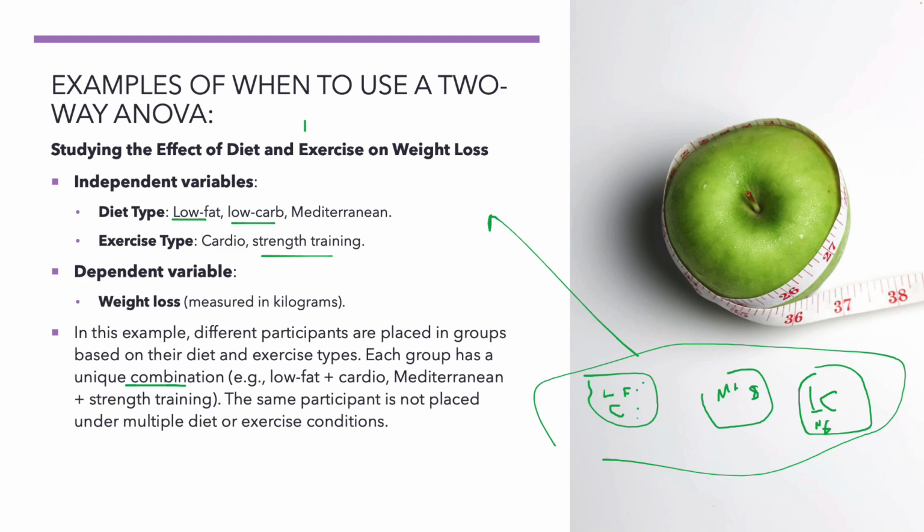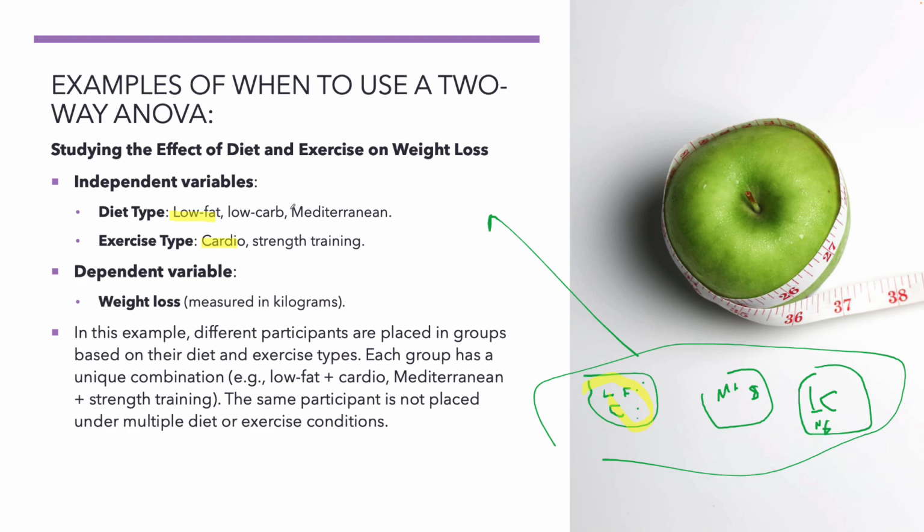So again, I have 2 independent variables. Let's highlight. I have 2 independent variables, right? Diet and exercise. Within these independent variables, I have different levels and I'm doing different combinations. So let's say I do low fat and I said cardio. So that's one group. That's this group here, low fat and cardio. Okay. And then I do another group. Let's highlight this in green.